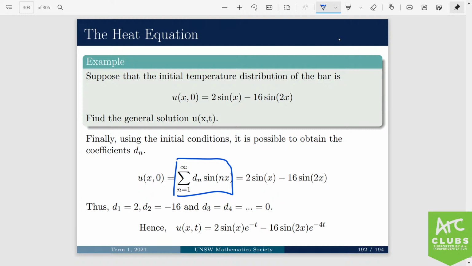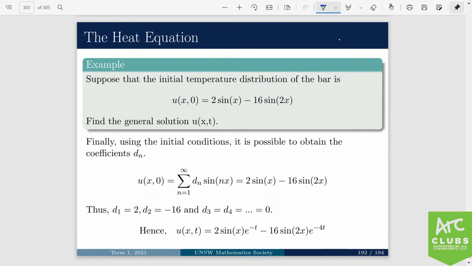Now if we write out all the terms of this, we've got d1 sine of x plus d2 sine of 2x plus, and so on, from n equals 1 to infinity.